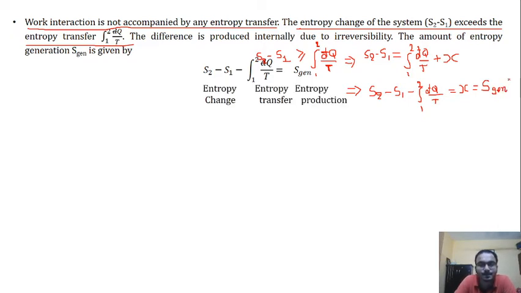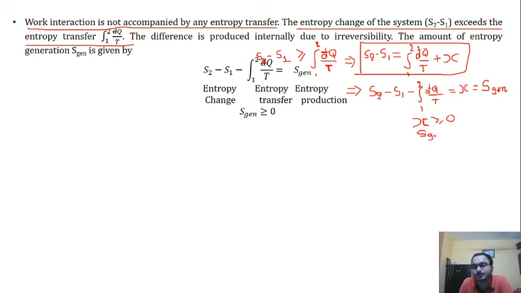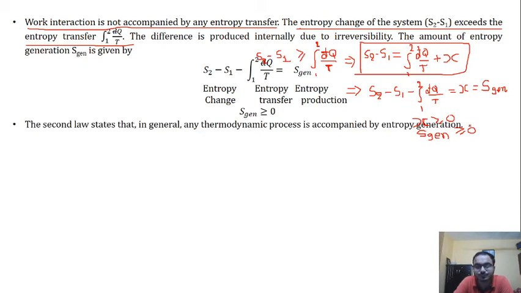Okay, so here the first part is entropy change S2 minus S1, second is entropy transfer, and third is entropy production or entropy generation. And S generation is always greater than or equal to 0, as based on this inequality sign which was converted into equal to sign while putting this x. So x is always greater than or equal to 0, that is S generation is always greater than or equal to 0.